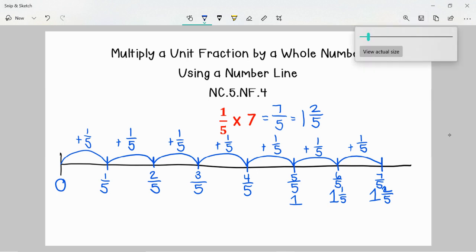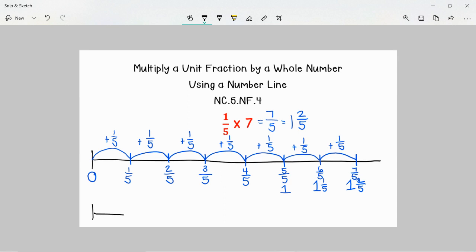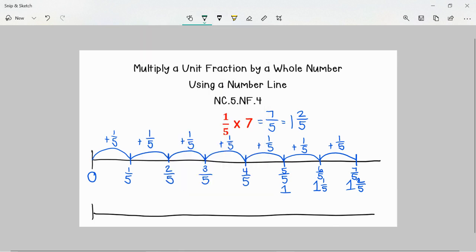Now, there might be some students who will prefer to begin their number line by already showing one group of 1/5. And so let's take a look at how that would look. So this means rather than starting at 0, they would start at 1/5 and add on from there to figure out the product of 1/5 and 7.